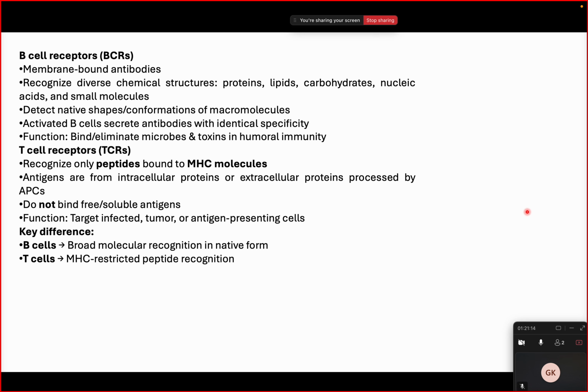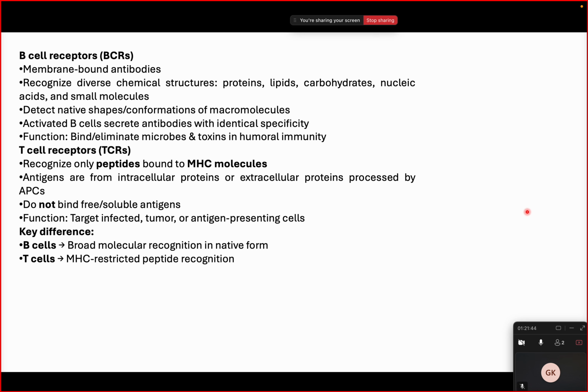T cell receptors, if we go through them, they only recognize peptides which are presented by MHC molecules or MHC proteins or MHC receptors. Okay. Antigens are from intracellular proteins or extracellular proteins processed by APCs, the antigen presenting cells. They do not bind to free or soluble antigens because they cannot see that antigen.